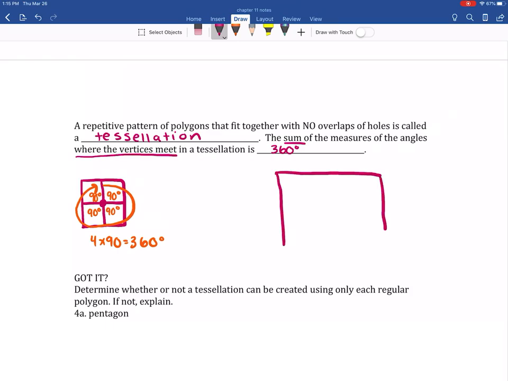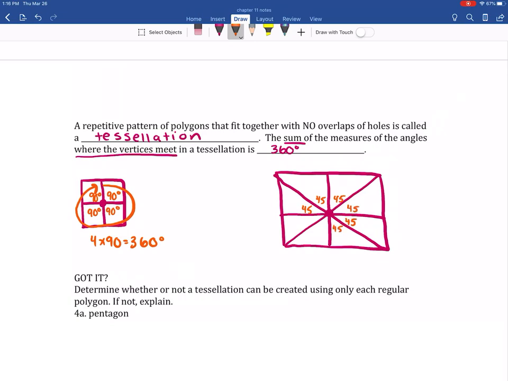If I had another pattern, something like this, I might say 45, 45, 45.